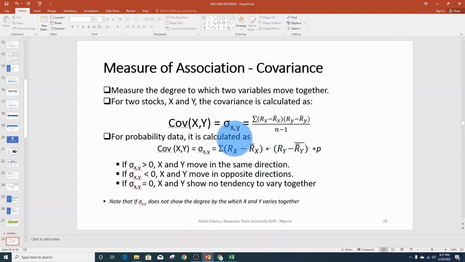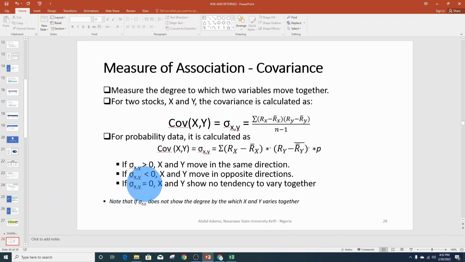So for historical data, if you find your covariance and the value is positive, that is greater than 0, it means the two stocks, X and Y, move in the same direction, meaning as X increases, Y also increases. If it is less than 0, meaning negative, it means they move in opposite directions, meaning as X increases, Y decreases.